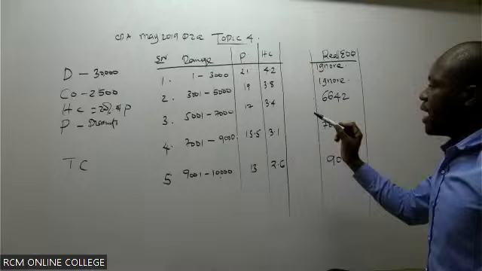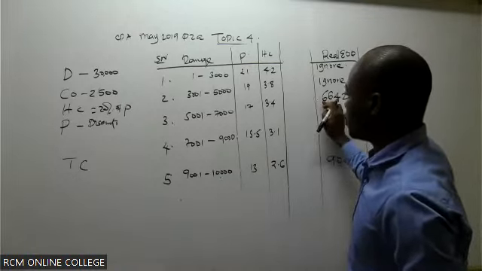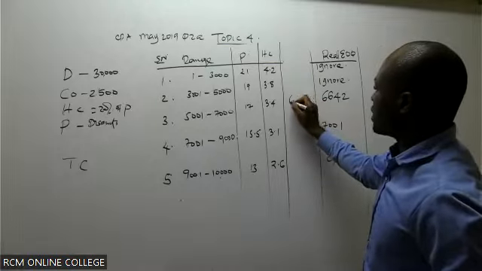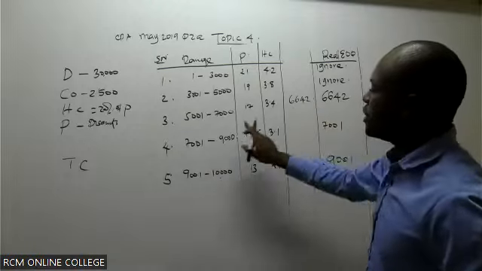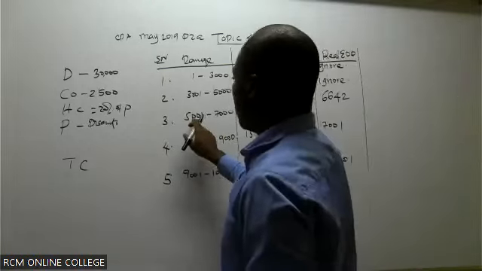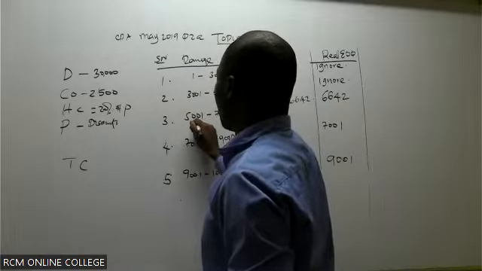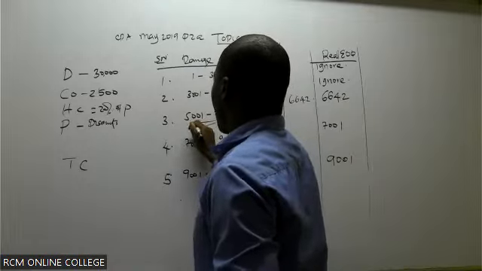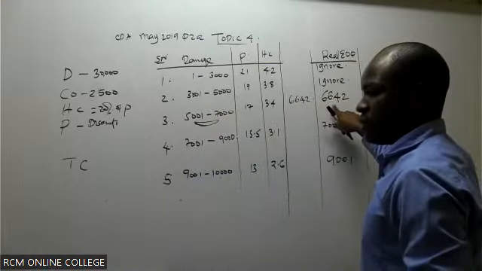Let's say our calculated economic order quantity, which we did here, was 6,642. Look here carefully. 6,642 is within this range, between 5,001 and 7,000. So since it is in between, we just pick the calculated one to be the real one.